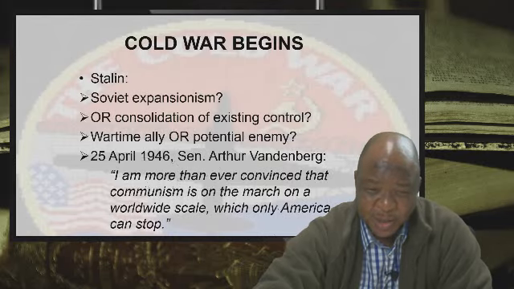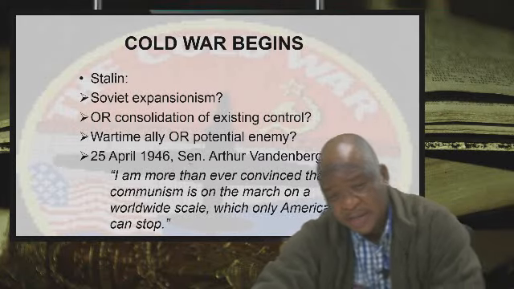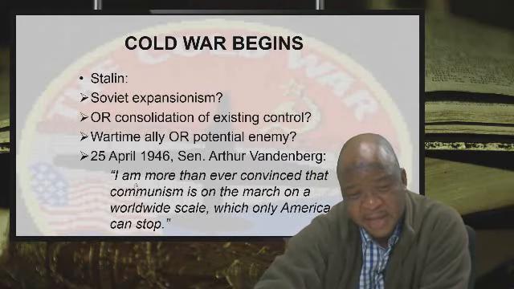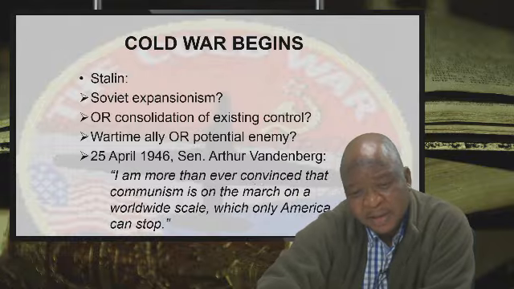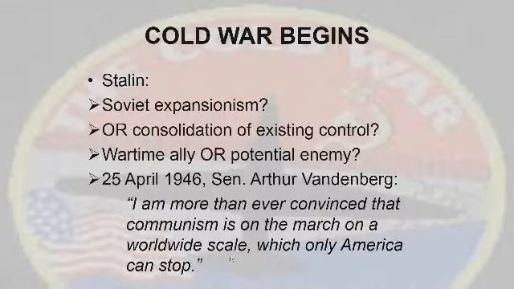And then the warning signs started to be there as early as 1946, when Senator Arthur Vandenberg said, "I'm more than ever convinced that communism is on the march on a worldwide scale, which only America can stop." This is from a senator in the American government, who was saying the differences between capitalism and communism are irreconcilable, and very soon we are going to have a war.